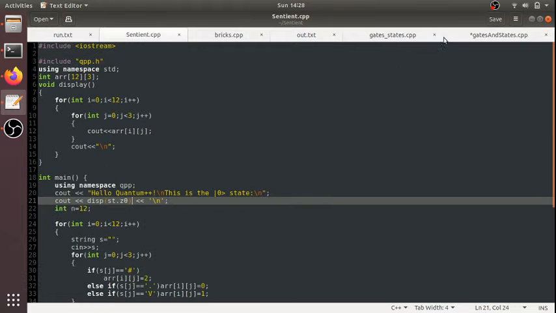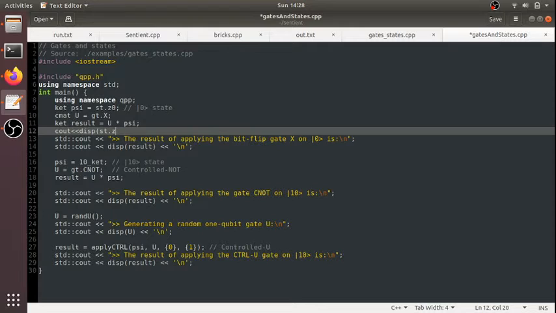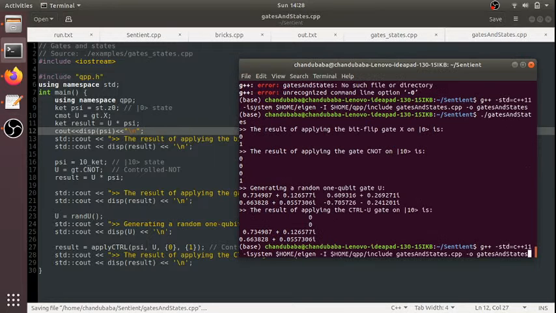Display state z0. What's a psi? Can I write it?